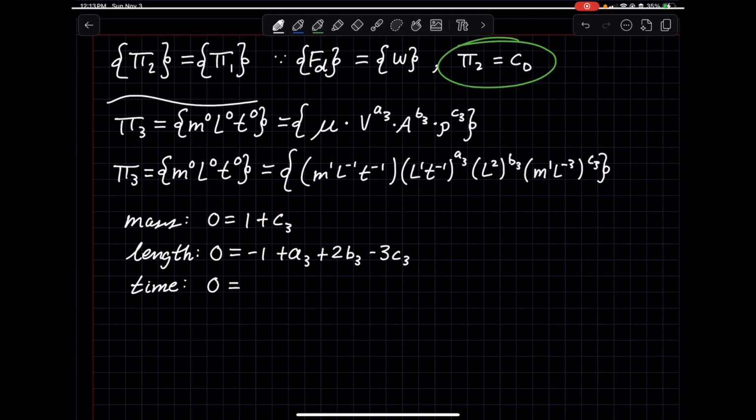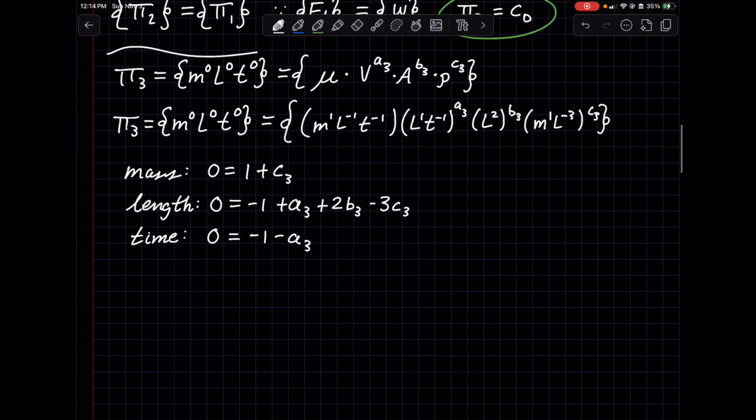Lastly, for our time, we have 0 is equal to -1, minus A3, again, so 0, -1, minus our A3. We don't have time in the B3 and the C3 term.